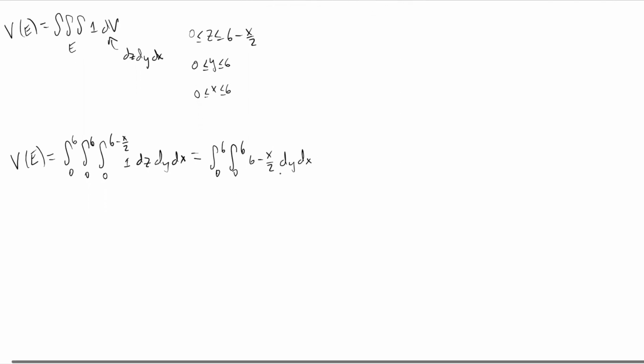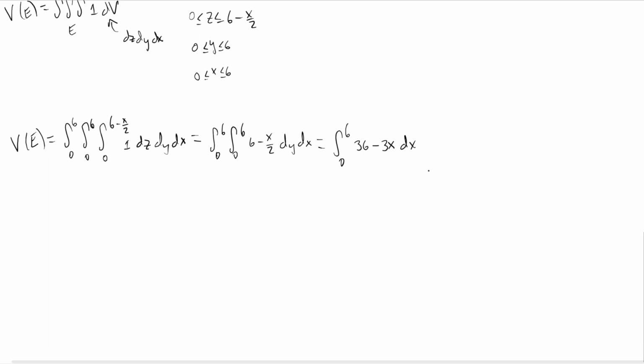Guess what? Same story over here. The integrand doesn't have any y terms in it, and also the lower bound is 0 for this integral. So we can go ahead and multiply 6 by our integrand. That takes care of the integral with respect to y. So that just becomes 36 minus 3x. And all that's left to do is integrate with respect to x.